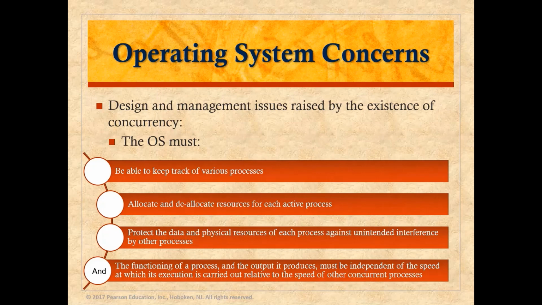And the fourth one is regarding the functionality of the OS, where the process and the output it produces must be independent of the speed of the processes. So this is the one that we will cover in this topic.